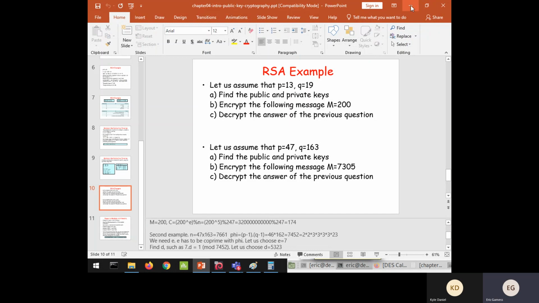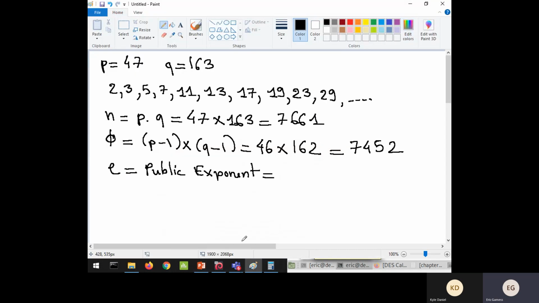They choose 7. To be sure that it is co-prime, what should I do? It has to be co-prime with phi. I try to divide, because this is a prime number. So if 7 does not divide phi, it's okay.